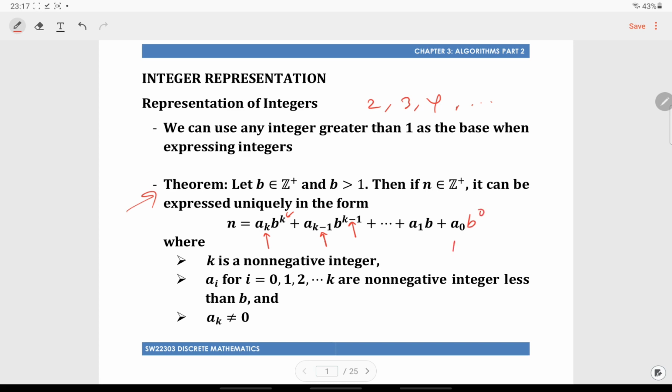Because b to the power of 0 equals 1, we can omit this part, so it remains a naught. So the positive integer n can be expressed uniquely in this form.